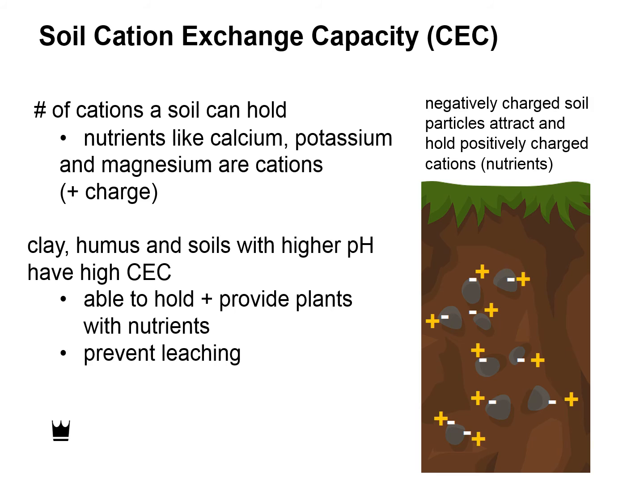Clay and humus and soils with higher pH have a higher negative charge on the particles, and as a result, they have a higher cation exchange capacity. In other words, they're better at holding on to these positively charged nutrients like calcium and potassium. And because they're holding on to the nutrients, the nutrients are less likely to leach out or wash away.